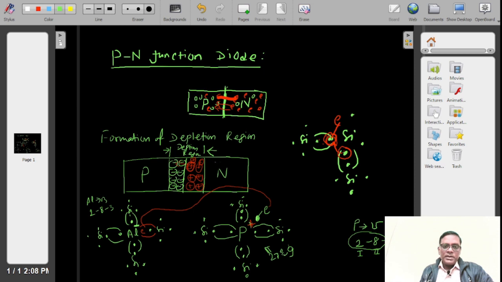Suppose you have electrons here and they have to travel towards the p region. These electrons should have that much energy to cross this junction. They have to cross throughout the junction. But these electrons will not have that much energy because only 27 degrees centigrade, that is room temperature, is available there. If you want further movement of these charge carriers from the n region to the p region, then we have to apply an external potential.